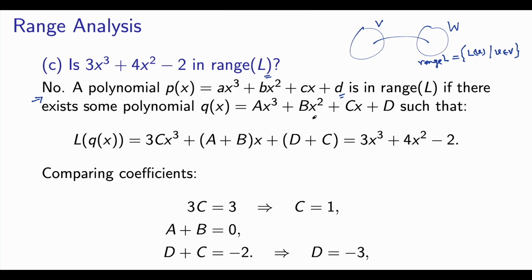So now there exists some polynomial, let's say q(x), having coefficients of the type ax cubed plus bx squared plus cx plus d. I have chosen different letters so that it looks different, because both are P3 only, P3 to P3, right?